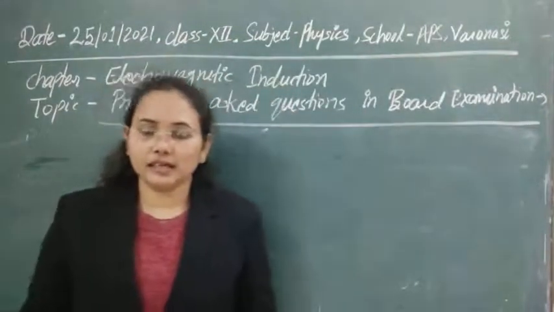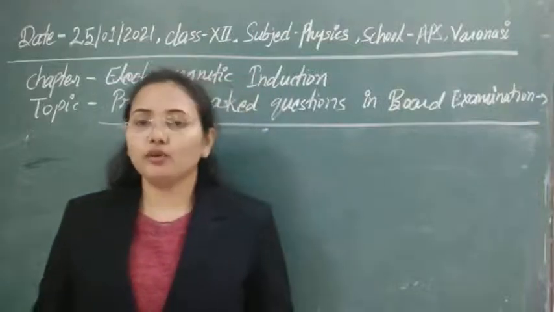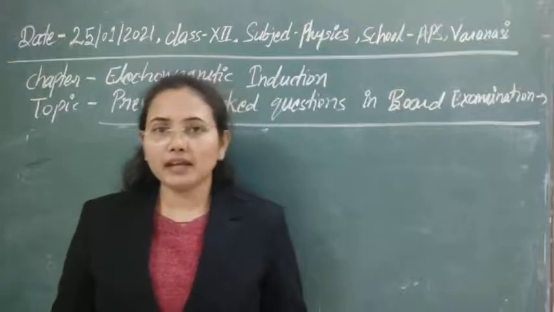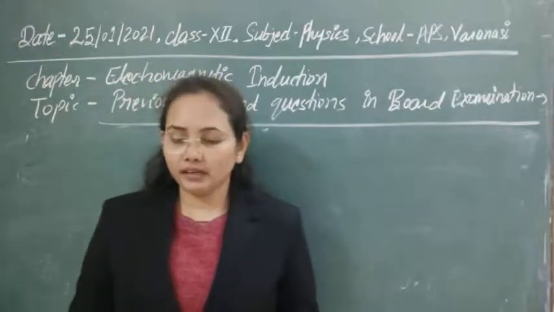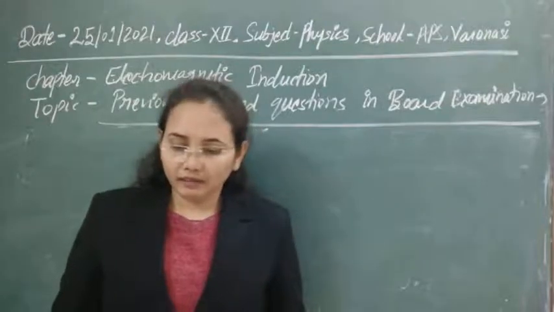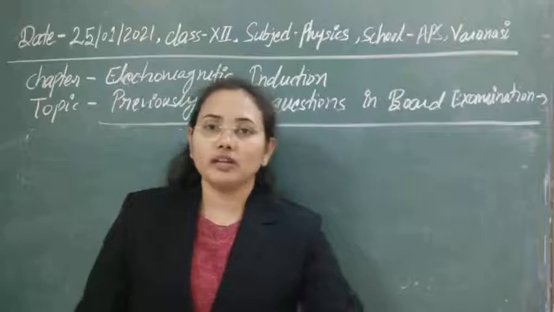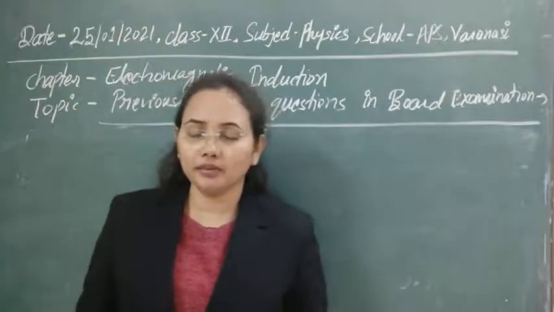So the next question is that the self-inductance of an air core solenoid is 4.5 millihenry. If its core is replaced by an iron core, then its self-inductance becomes 1.8 Henry. Then find out the relative permeability of iron. Clear? So this question is related to the formula that I have written before.